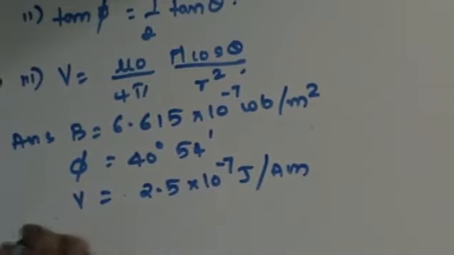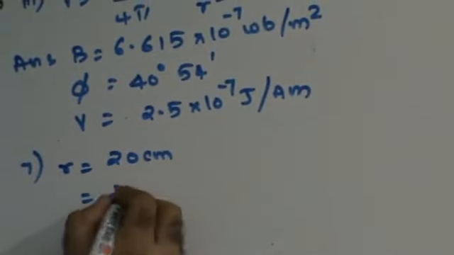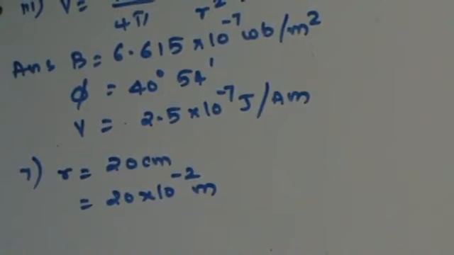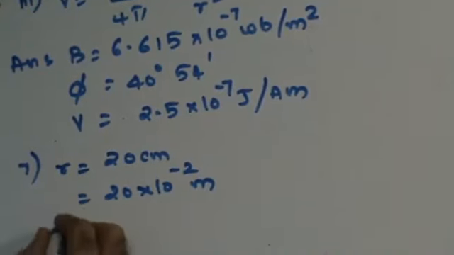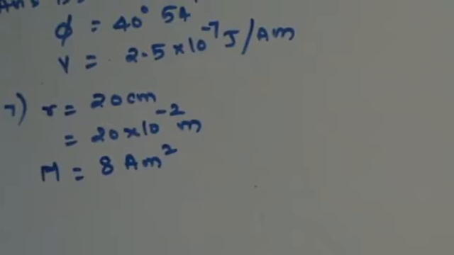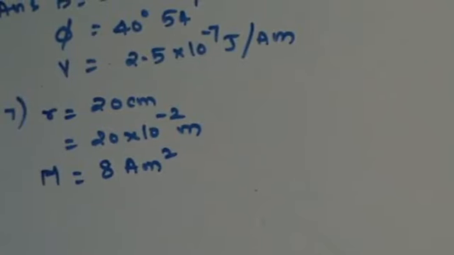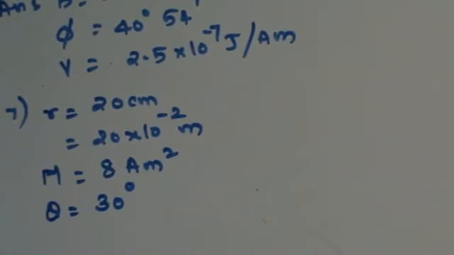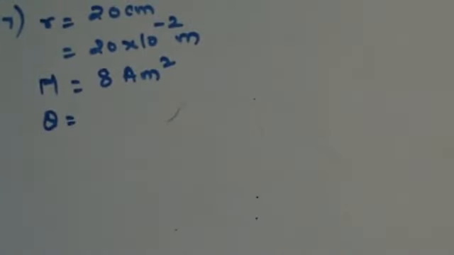A point is situated at a distance of 20 centimeters from the center of a magnetic moment of 8 ampere meter square, at an angle of 30 degrees with the equator.